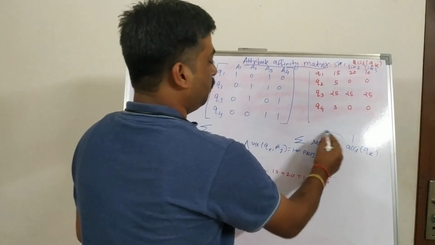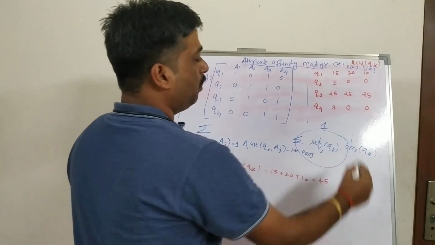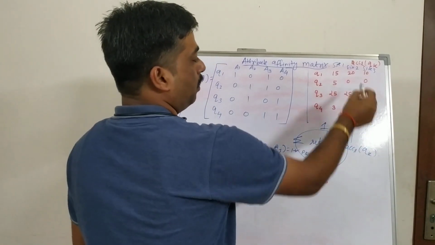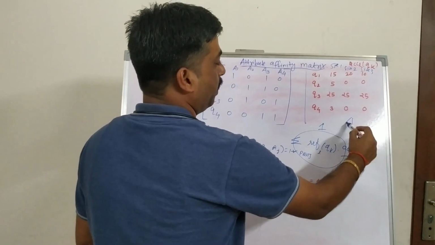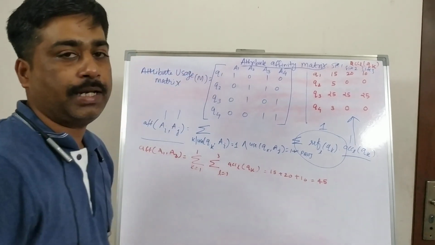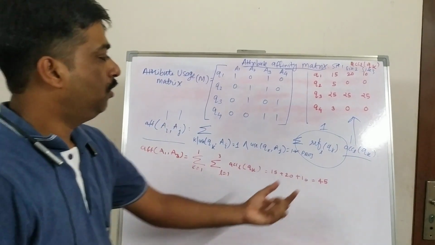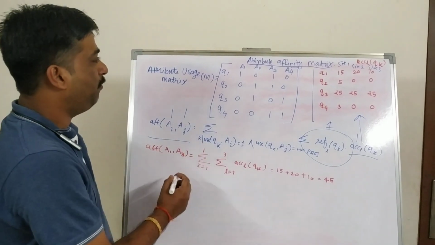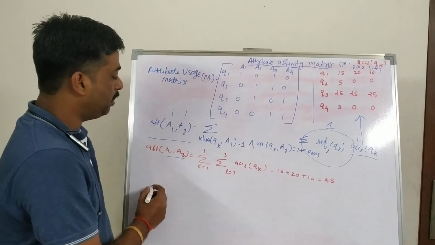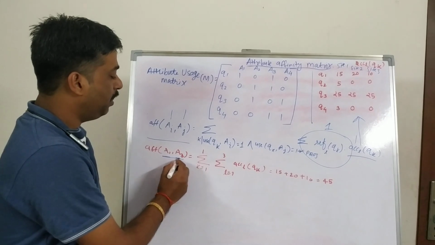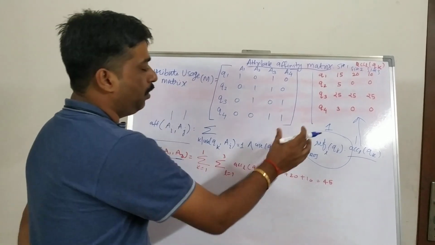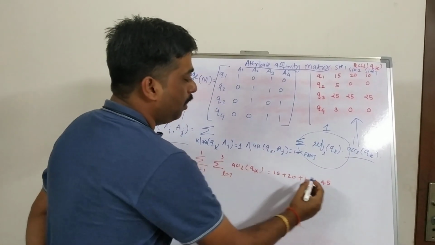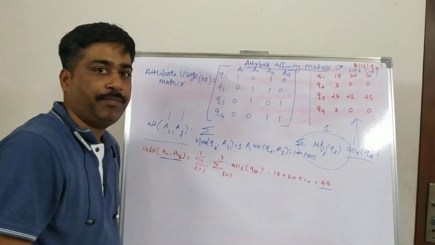And for the sake of simplicity, we will be assuming this value as 1 and this value we would be referring it from this initialized table. So for example, if we want to calculate the attribute affinity value or the affinity measure between the attribute A1 and A3, and if we put the values over here, we get value 45.